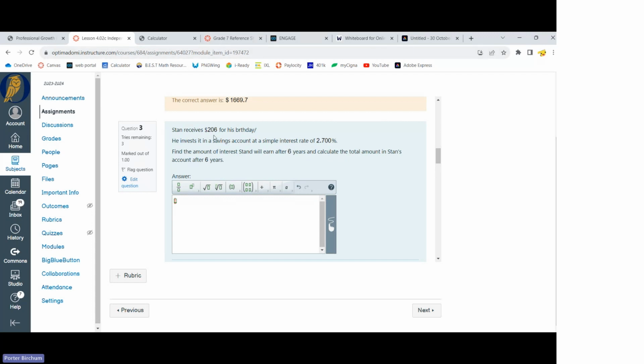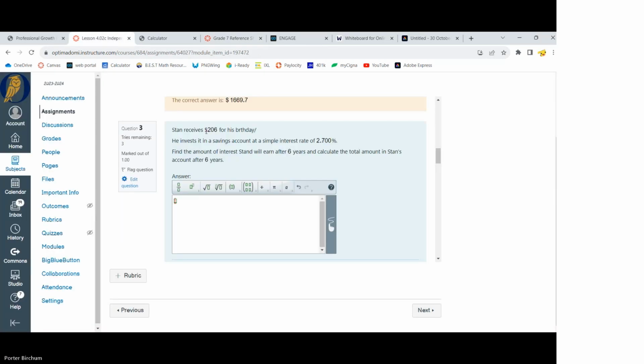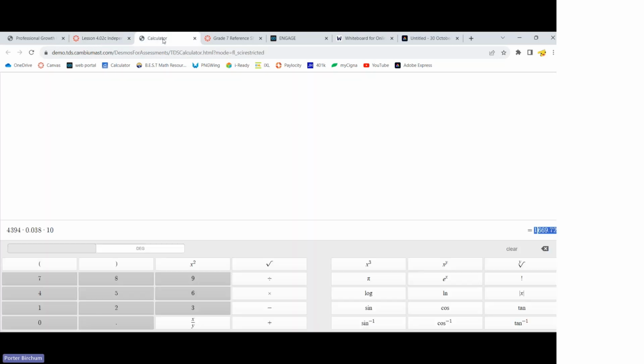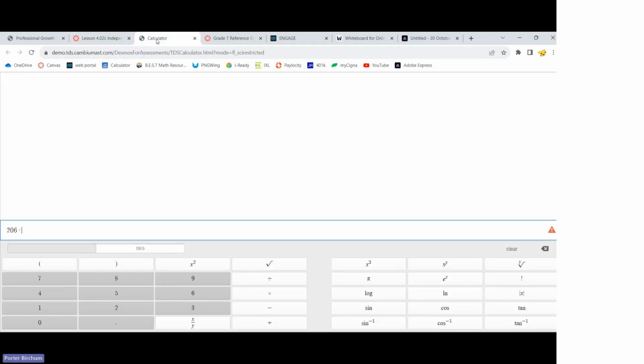That's simple interest. To find the simple interest, we do principal times rate times time. 206 is the principal, 2.7% is the rate, and 6 years is the time. So let's type in 206 times 2.7%.